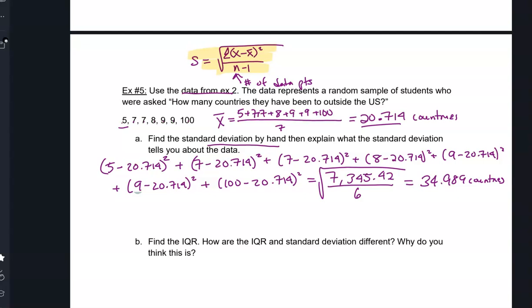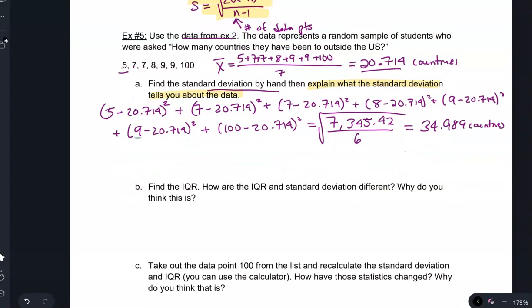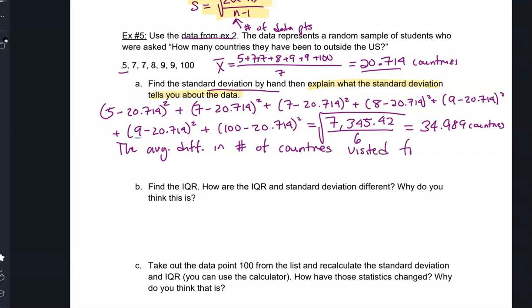All right, so let's practice interpreting our standard deviation, explaining what it tells us about our data. So what we're saying is the average difference, or deviation, in number of countries visited from their mean of 20.714 countries is 34.989 countries.